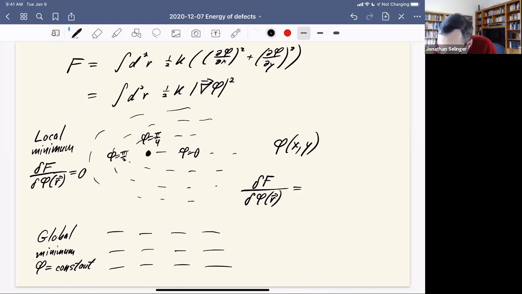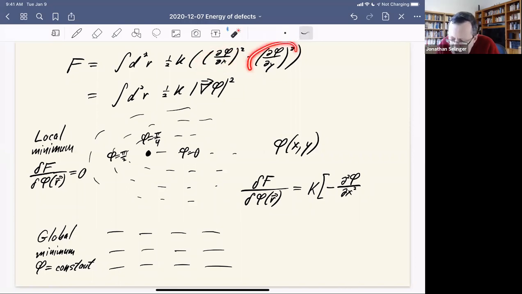is going to be k times the negative second derivative with respect to x. And so that's what you get from the first term.